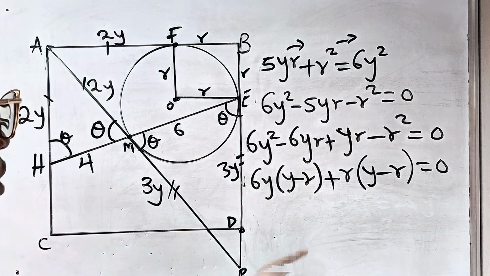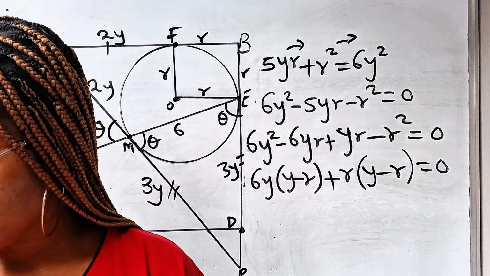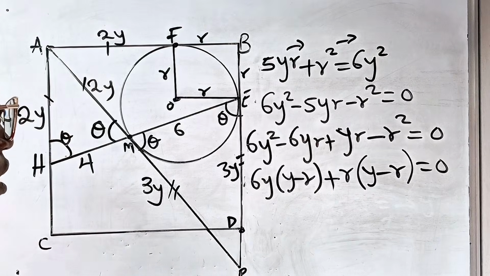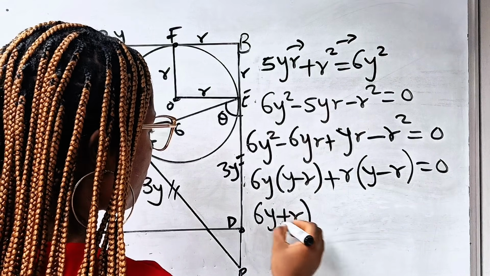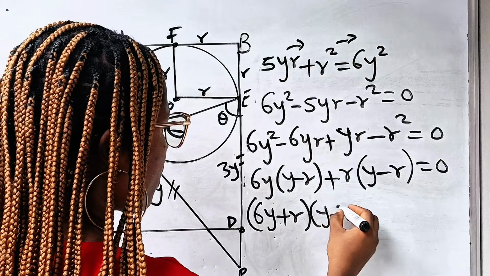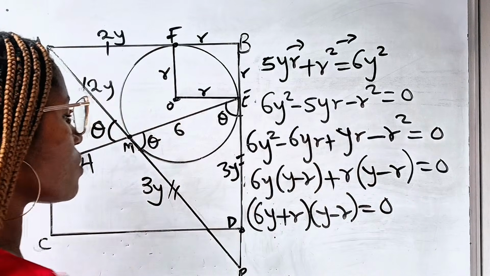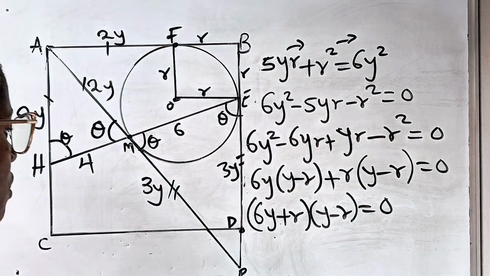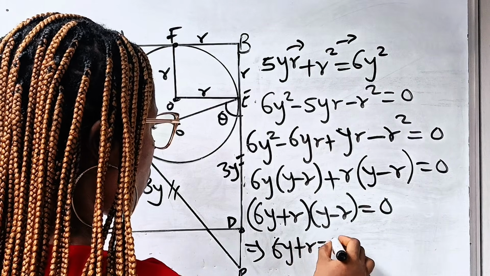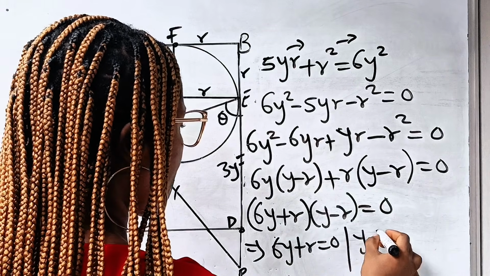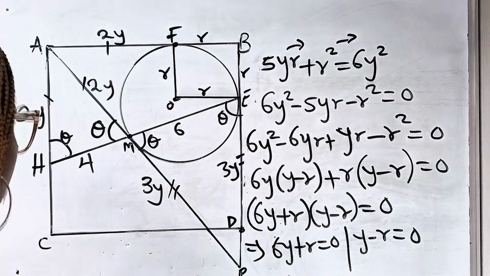So from here we have this in common, right? So factoring that out, we are going to have 6y plus r multiplied by y minus r is equal to 0. So this implies that 6y plus r is equal to 0 and that y minus r is equal to 0.